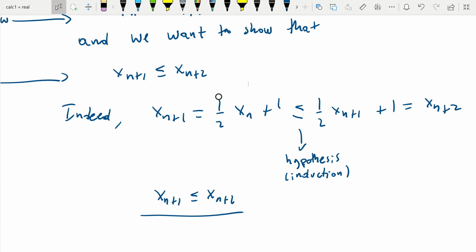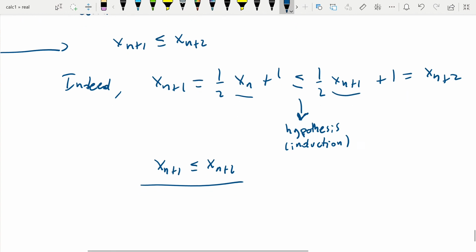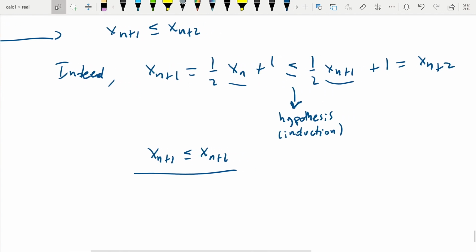So here in this inequality, we use the induction hypothesis, because we're comparing x sub n and x sub n plus 1. Okay, so this is just one instance of the use of induction in proving statements involving natural numbers.